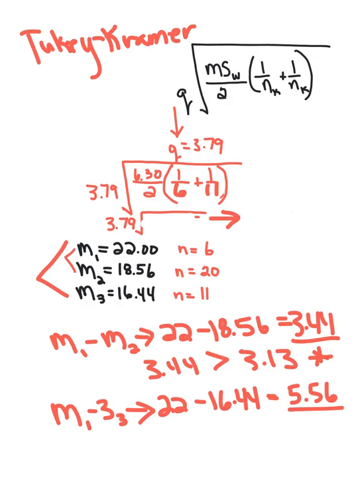So 6.30 divided by 2, it's 3.15 still, times, and then I'm going to multiply that by the two fractions added together.